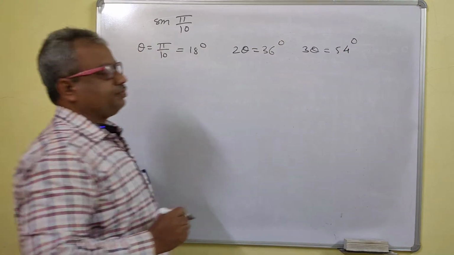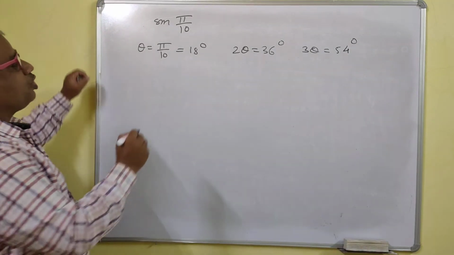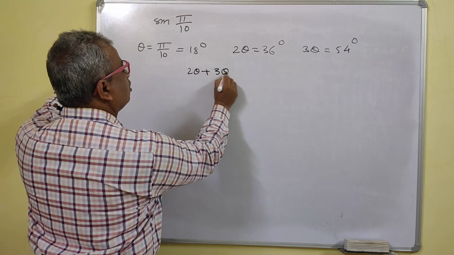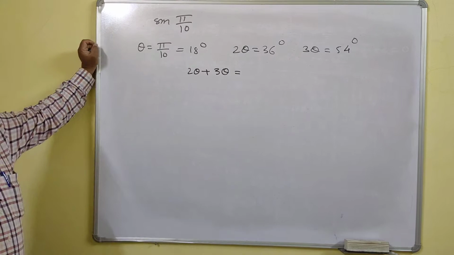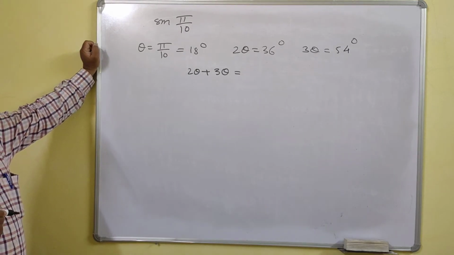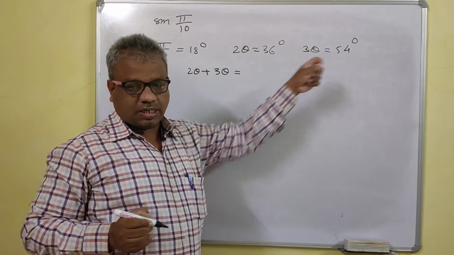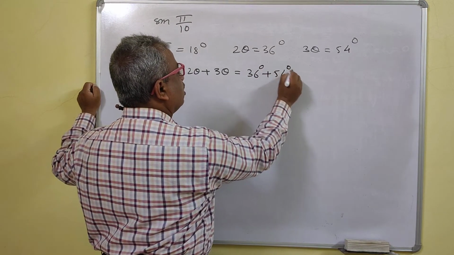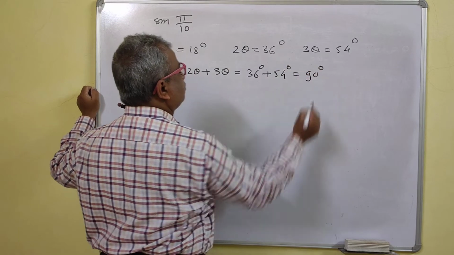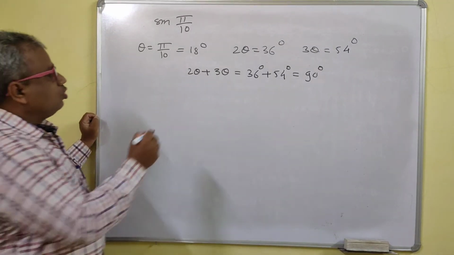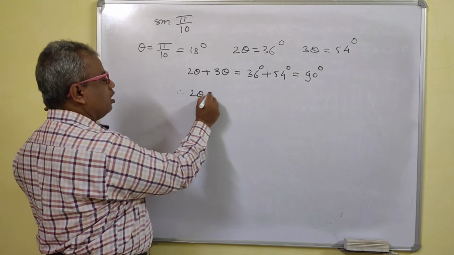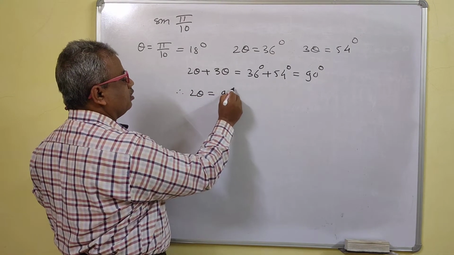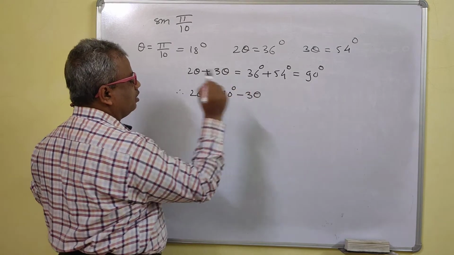Now 2 theta plus 3 theta is equal to what? 36 degree plus 54 degree is 90 degree. So therefore 2 theta is equal to 90 degree minus 3 theta.